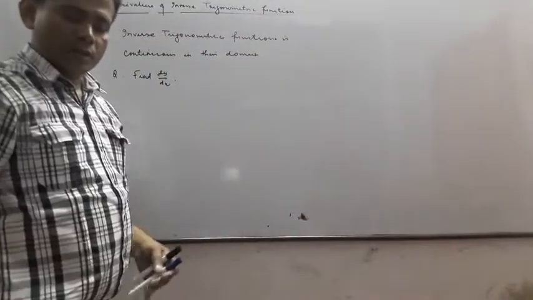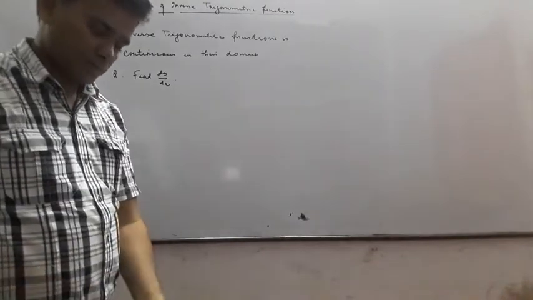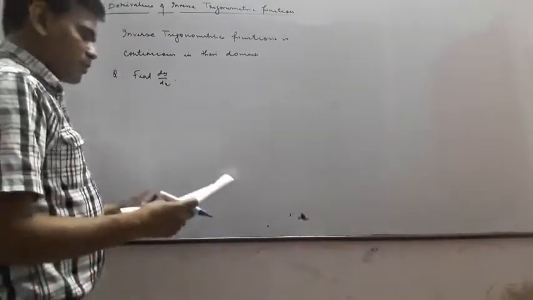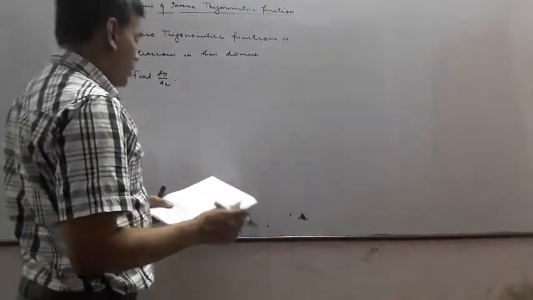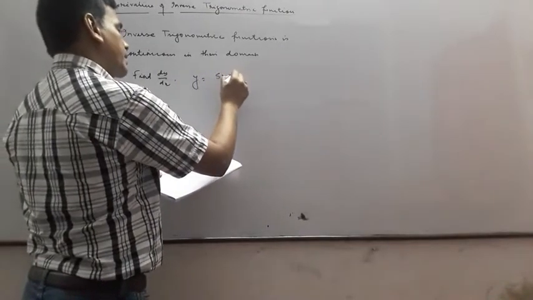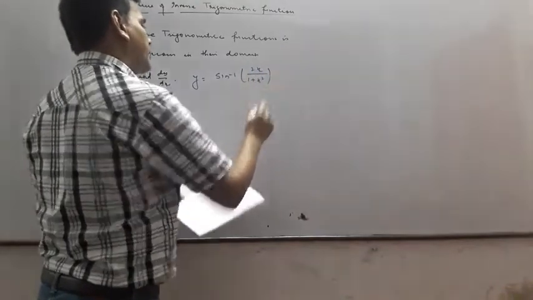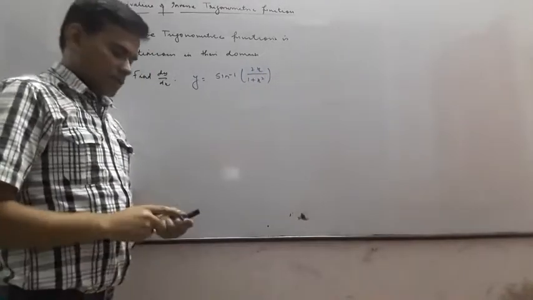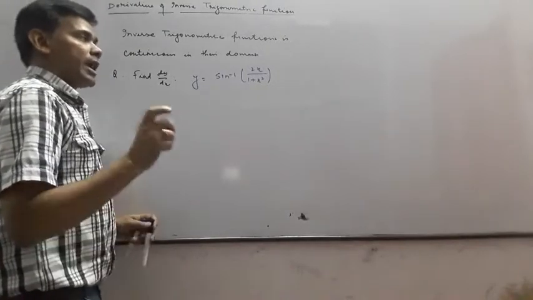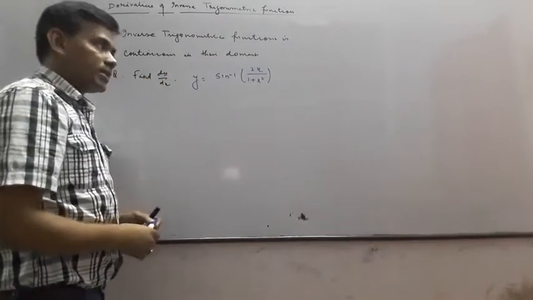Look at some more questions on it. You will have to find here dy by dx, and our question here is y equals sin inverse of 2x by 1 plus x square. My dear children, one suggestion to you: when you are solving questions on inverse trigonometric functions, you will have to remember one thing.